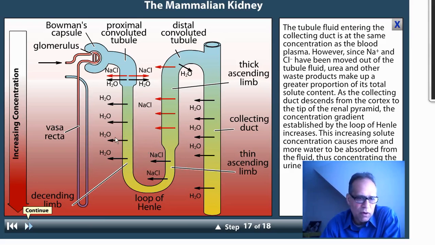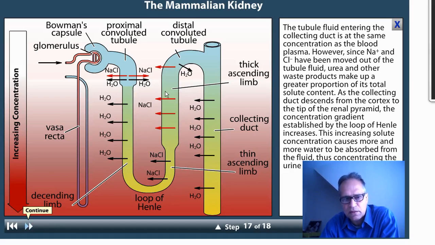You're making the water go out of this tubule more, and as a result your blood pressure is increasing. This is called the counter current multiplier system, because this is a counter current, multiplying the way the solute concentration shows an increasing concentration gradient right over here.